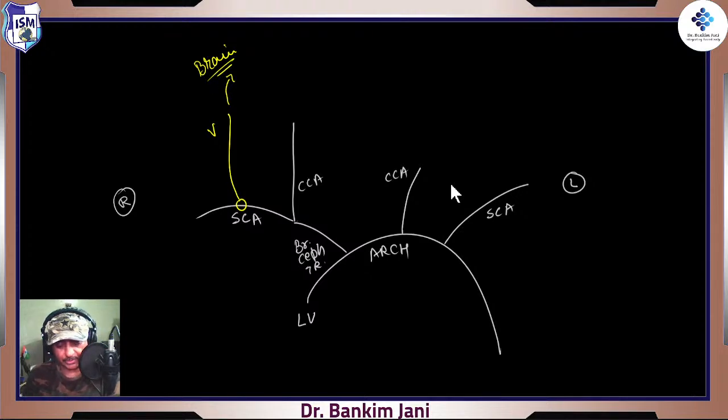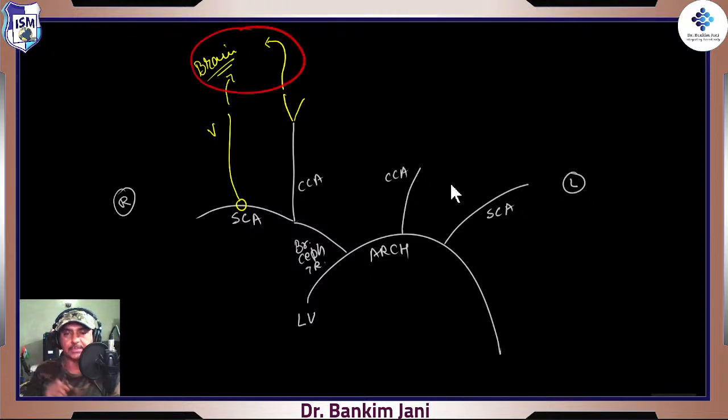Over here, the common carotid will once again be divided into internal and external. And this internal will travel all the way and also reach the skull, and that is where both of them will form what's called the circle of Willis. In between there will be several branches and several structures coming. We'll see all of them.